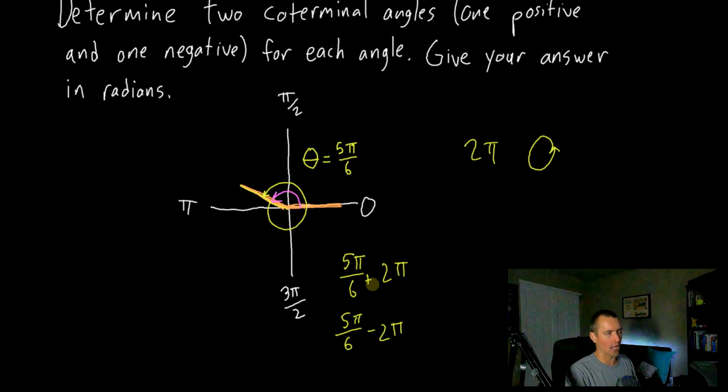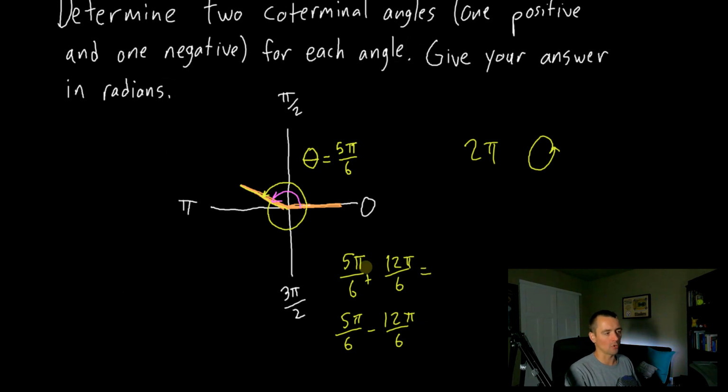So if we want to add 2 pi to this, keep in mind that to add two fractions, you need to make sure they have a like denominator. So we need to get this in sixths. We need to convert 2 pi into a fraction with 6 as the denominator. So we multiply 2 pi by 6 and put it over 6. That gives us 12 pi over 6. And then same thing here, if we want to subtract, we would do minus 12 pi over 6.